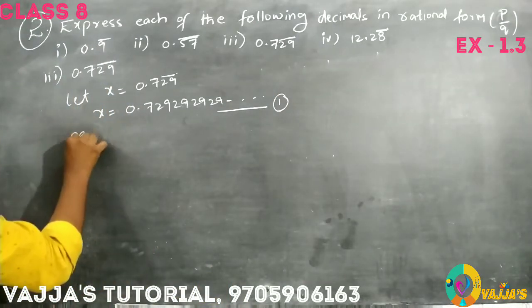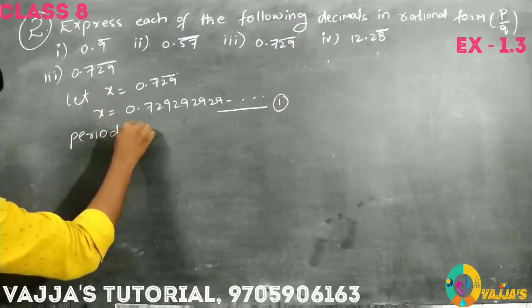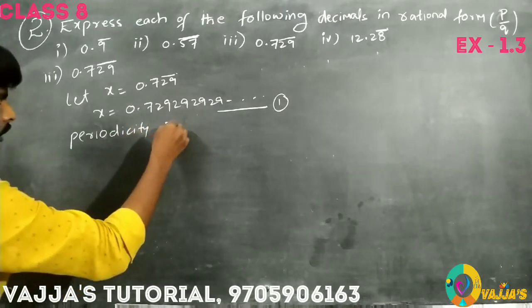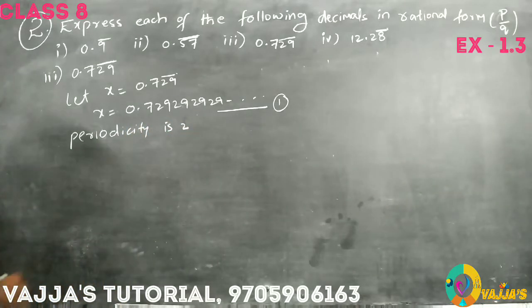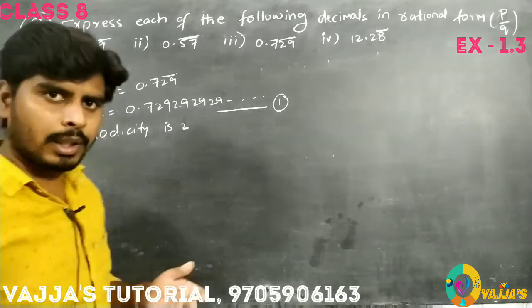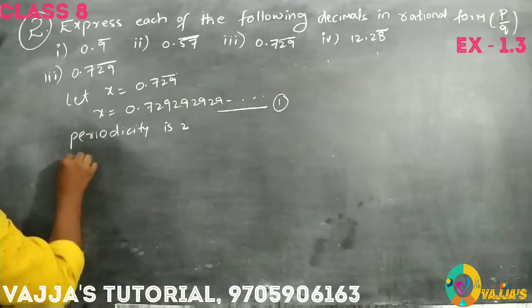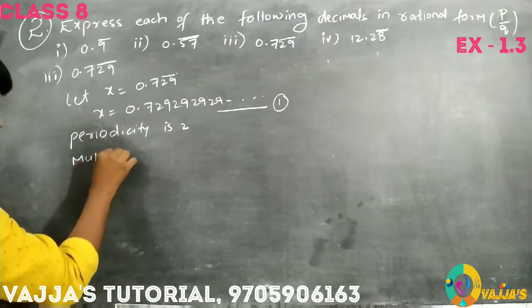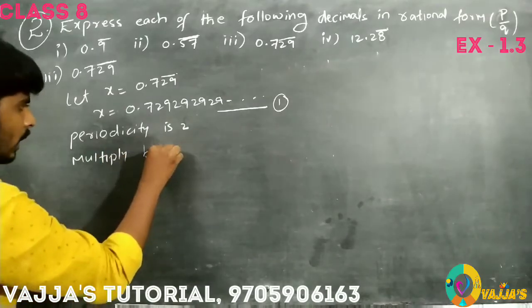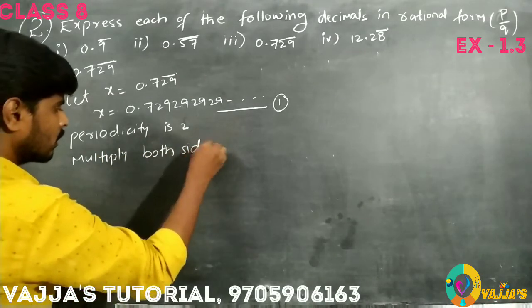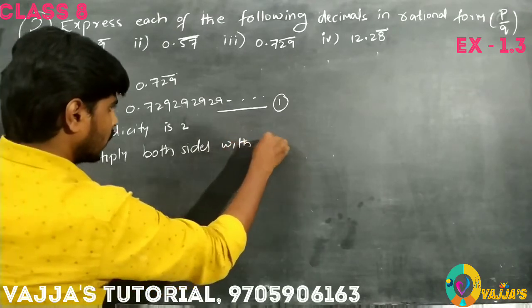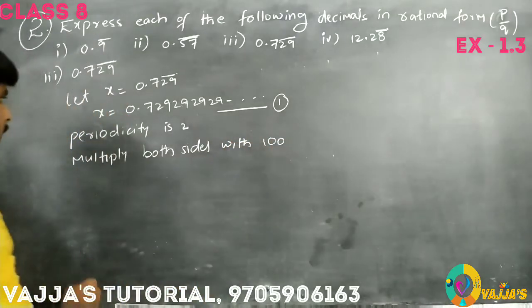So periodicity is 2. Okay, that is why we are going to multiply with 100. Okay, right. So multiply both sides with 100. Okay, right.